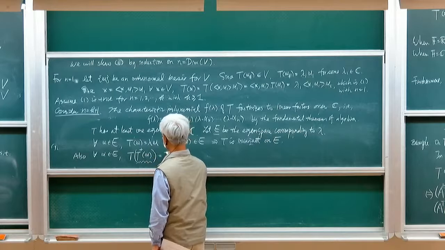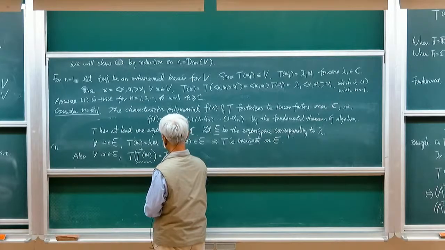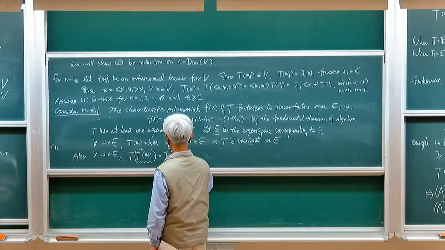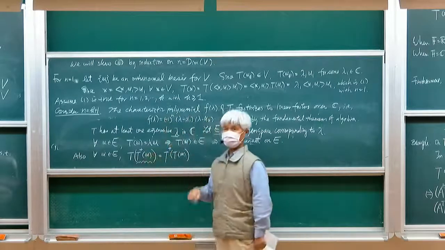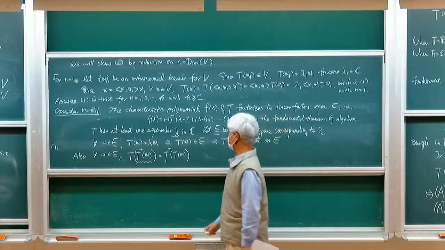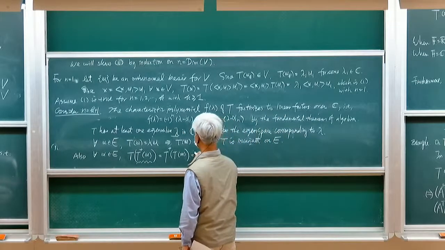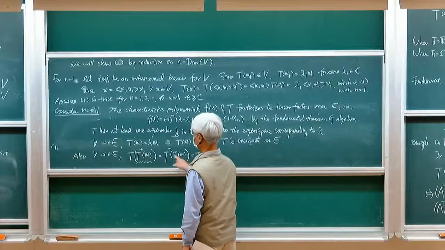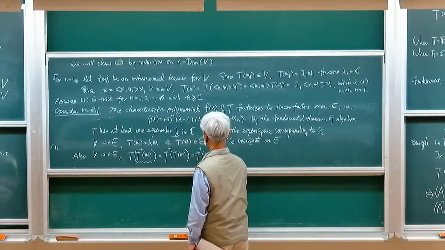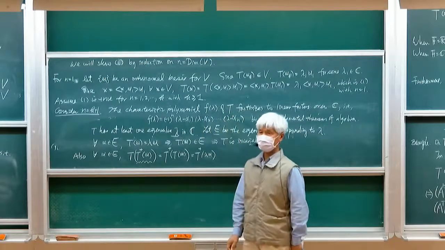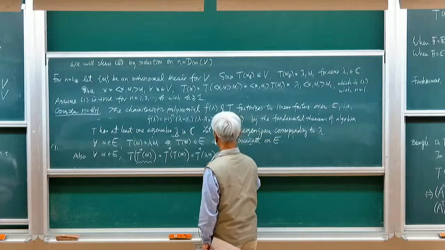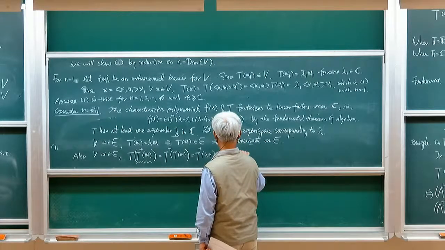Because T is normal, you can exchange the order of composition of T dagger and T. Because u is in E, Tu is lambda u, and by linearity we have lambda T dagger u.